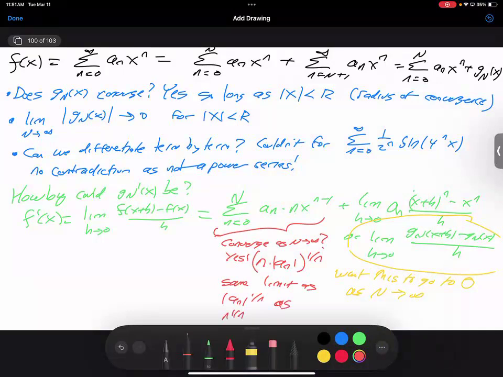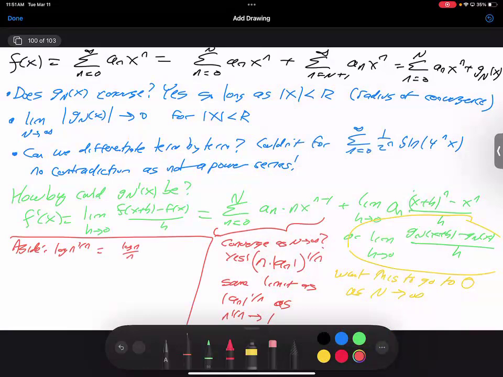As n to the 1 over n goes to 1. Does everybody know how to prove n to the 1 over n goes to 1? Take log, right? When in doubt, if it's Professor Miller's class, take a logarithm. So we'll just do this as an aside. If we look at the log of n to the 1 over n, that's log of n over n.